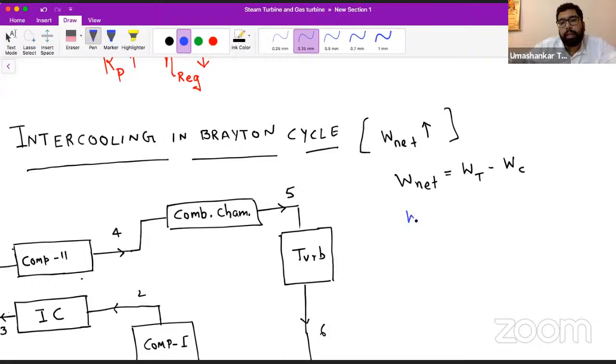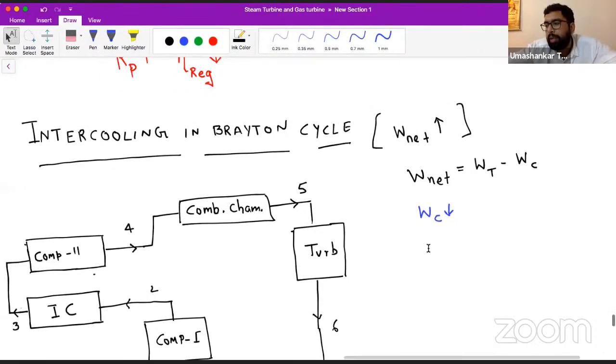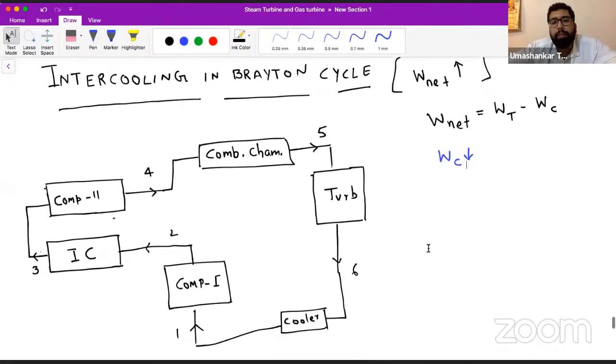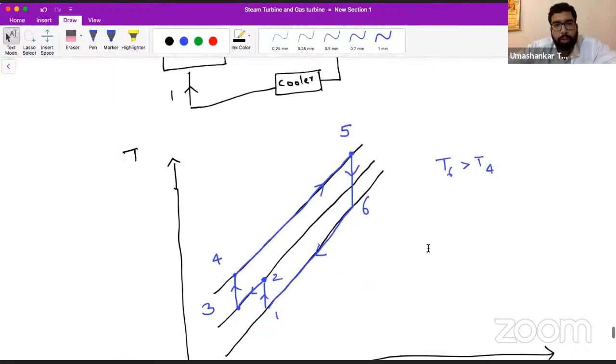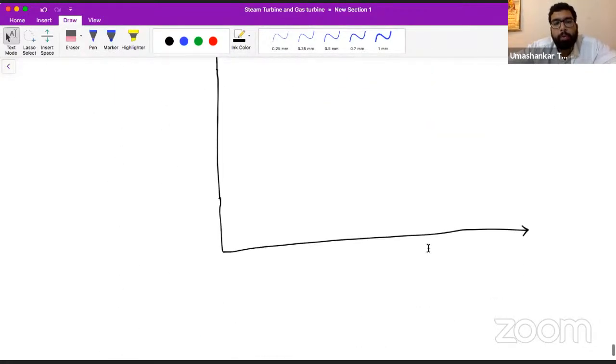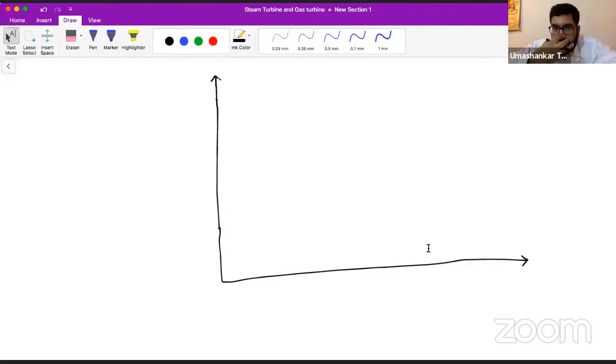In intercooling, the compressor work decreases, and obviously we are talking in comparison with the cycle in which the intercooler is not used. Okay, so with the use of intercooling, the work required by the compressor is certainly reduced. So now we are going to see how this is happening.